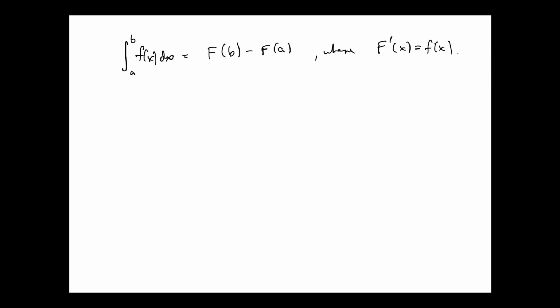One of the versions says that if you've got a definite integral, you can evaluate it simply by plugging in b and a to an antiderivative of the function. Once you've got the antiderivative, it's basically just an arithmetic problem, right? Nothing too exciting.